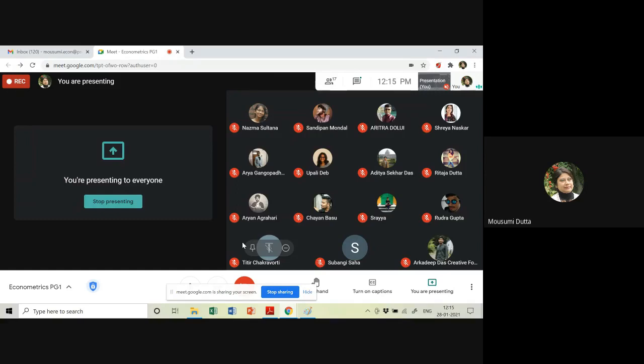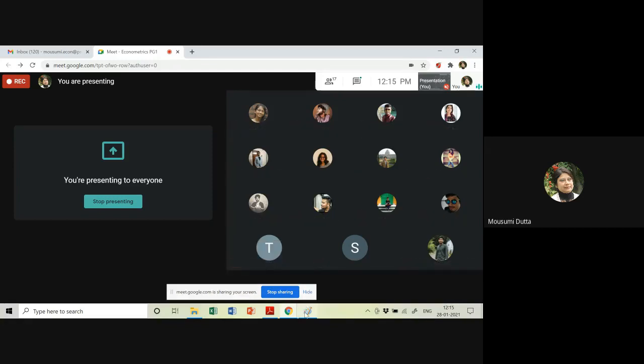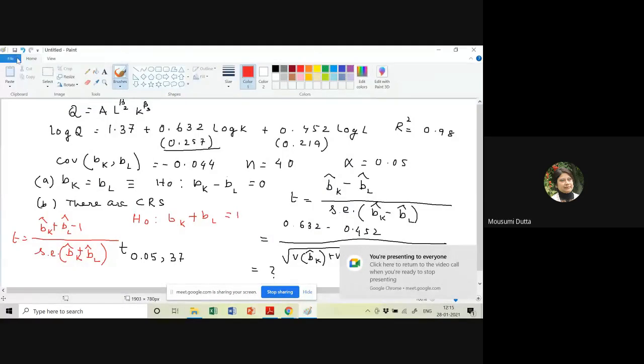And it is stated that in a least square regression of y on x, the usual model, yi is equal to alpha plus beta xi plus ui, observations for which x is far from its mean value, deviating much from its mean value, will have more effect on the estimated slope than the observations for which x is close to its mean value. For this question, our line of thinking will come in terms of variance of beta hat.